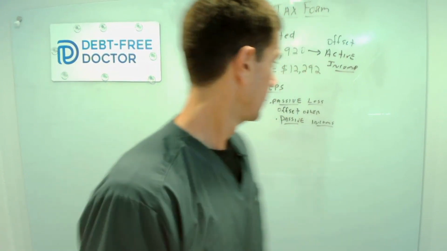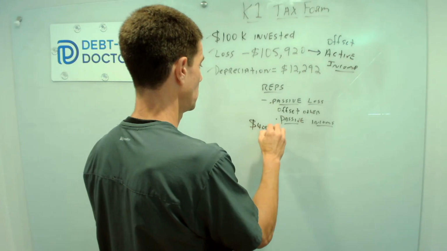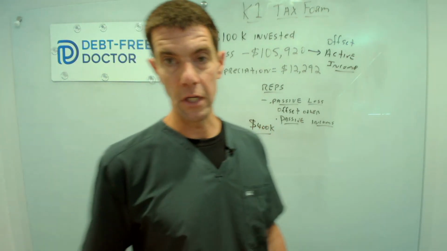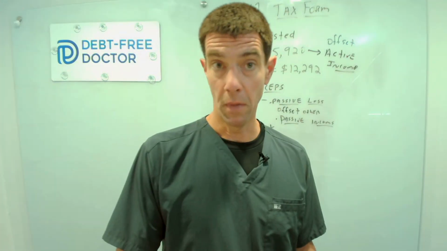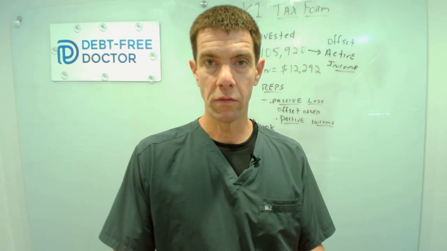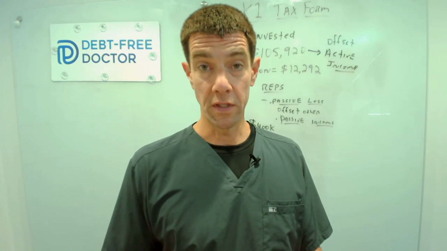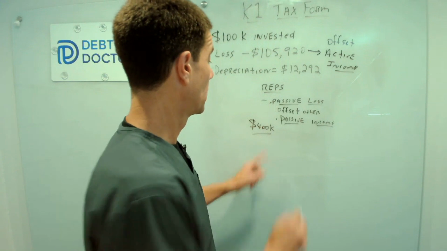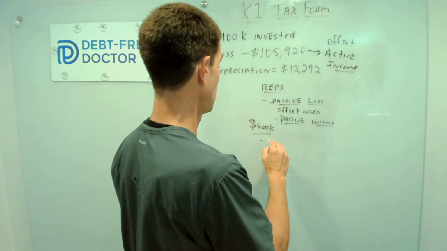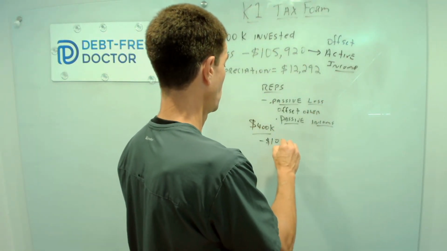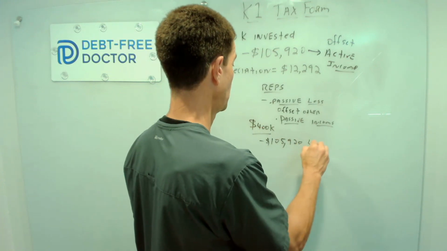All right. Here's an example. You're a dentist. You're trucking along making $400,000 a year. Good money. And let's say your spouse maybe just works part-time in your office or something, but she qualifies as a real estate professional, again, under the IRS rules. So you could potentially take the 105,920 loss.